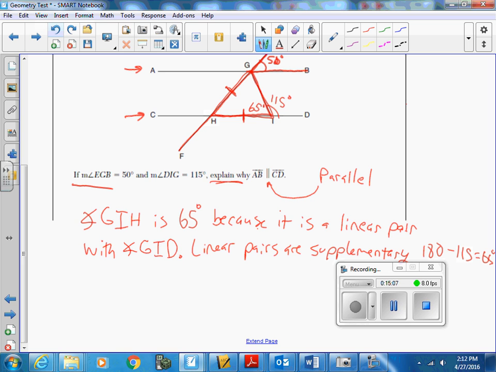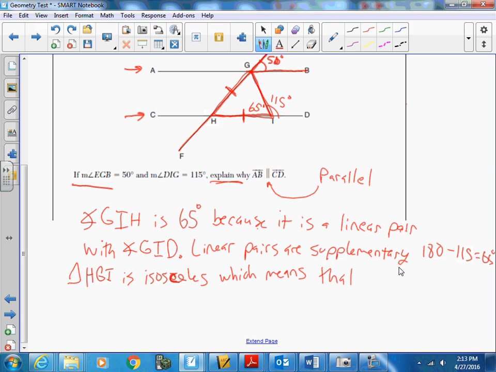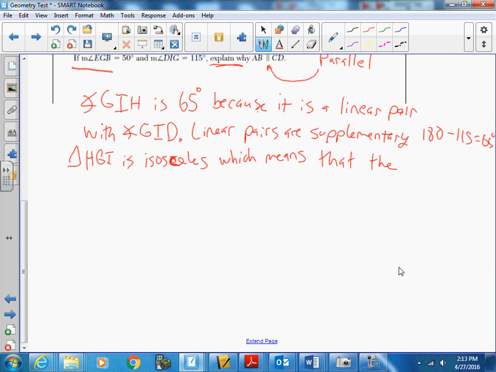So we can actually say that triangle HGI is isosceles, which means the base angles are congruent. All right, so the base angles are congruent.